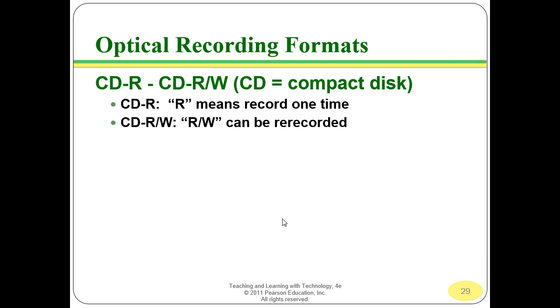But we do have a new type of optical device called the CDRW, which means CD read write, which will allow us to re-record over that information, so we can use the disc more than once, which is good.